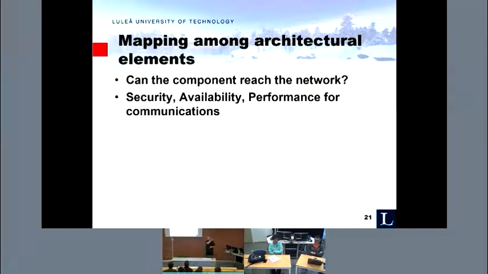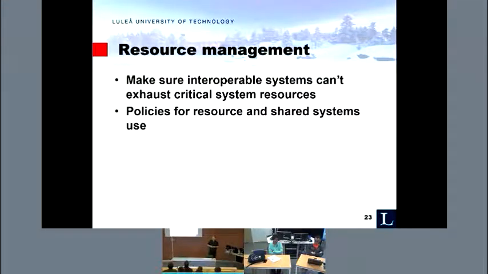And resource management. So these are my limited resources, the critical limitations. I only have so much bandwidth to my system, or so many connections, or the database can only handle so many requests per minute or second. So whenever you connect third-party systems, you want to avoid them spamming your requests, right?